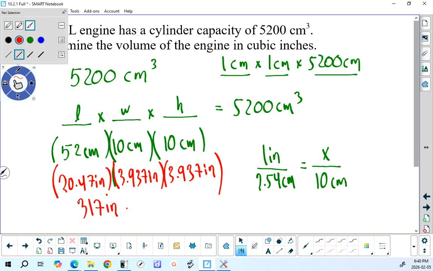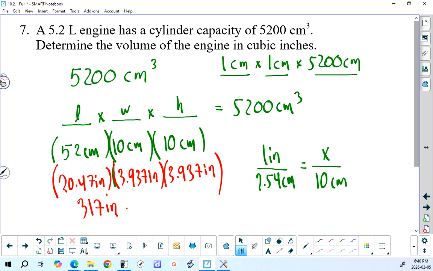And that's the lesson. It's kind of a tedious lesson because of all of the conversions, but when you break it down, the bottom line is change all of the dimensions to the new units before you do any calculations.